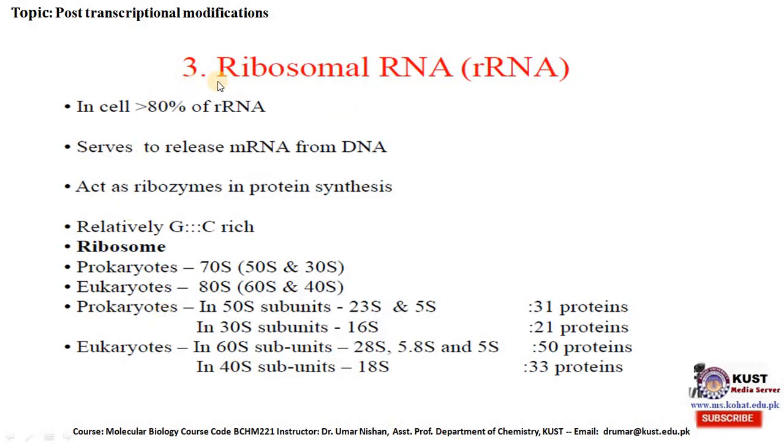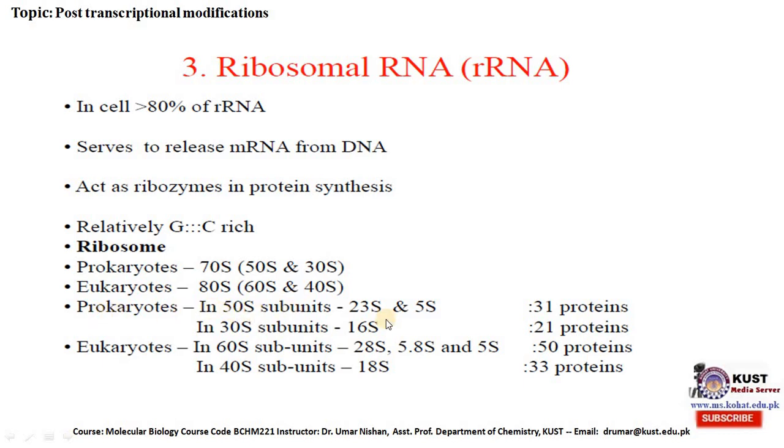And now finally ribosomal RNA, or rRNA. In the cell, greater than 80% is rRNA. It serves to release messenger RNA from DNA, acts as a ribozyme in protein synthesis, and is relatively GC-rich. Prokaryotic ribosomes are 70S with 50S and 30S subunits. Eukaryotes have 80S, with 60S and 40S subunits.